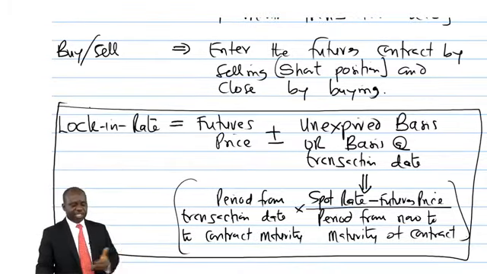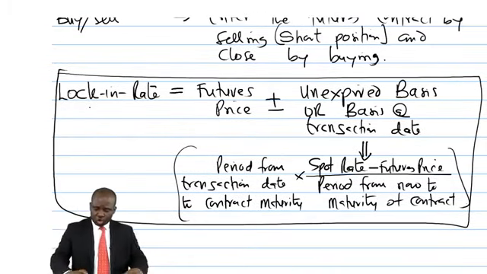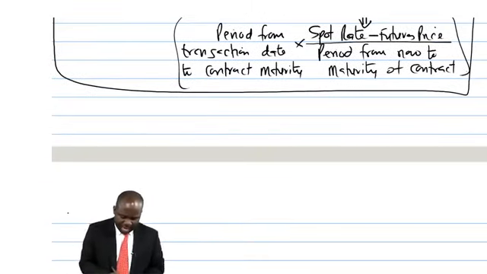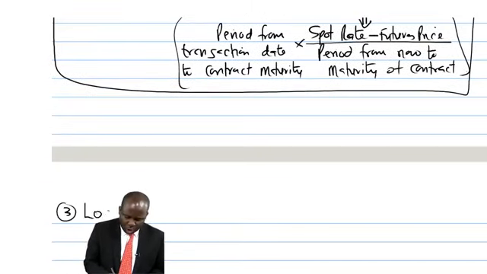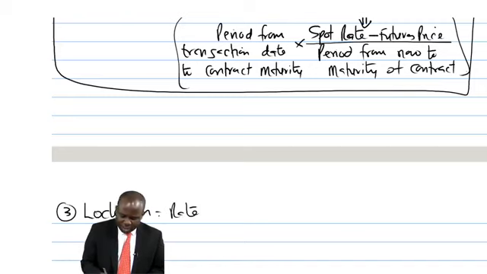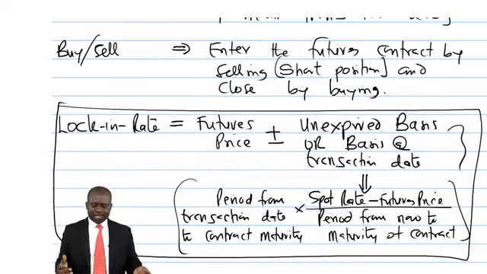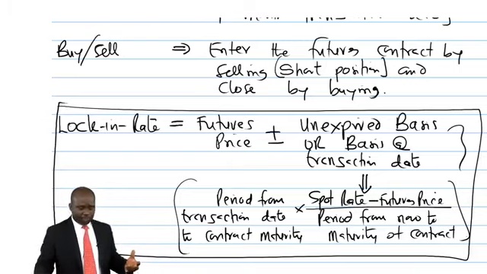So I will enter by selling. Then when I finish, I need my lock-in rate. The whole of this bit is not coming in. I will just come here as my step 3, lock-in rate. And that lock-in rate, we said, is the futures price plus or minus unexpired basis.